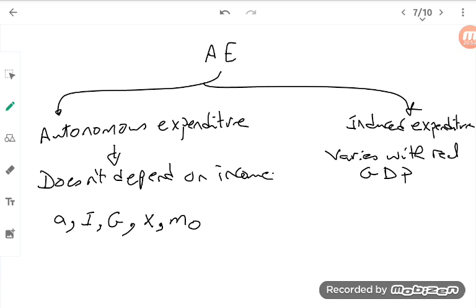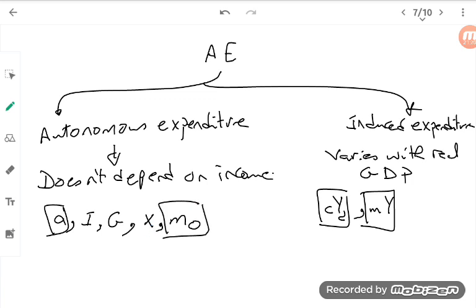It includes small c multiplied by Yd and small m multiplied by Y. This is induced consumption and this is induced imports. This is autonomous consumption. Investment is autonomous, G is autonomous, X is autonomous, and this is autonomous imports.